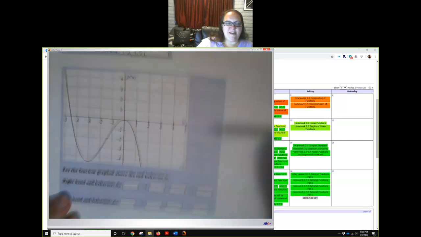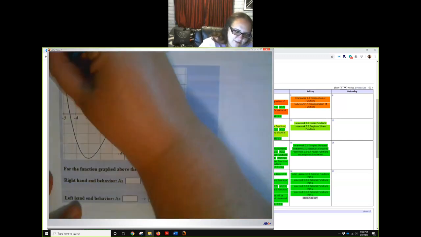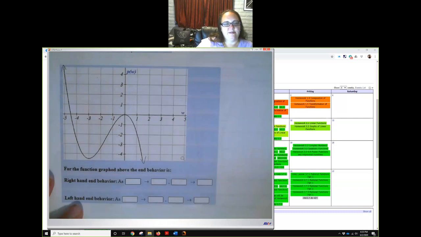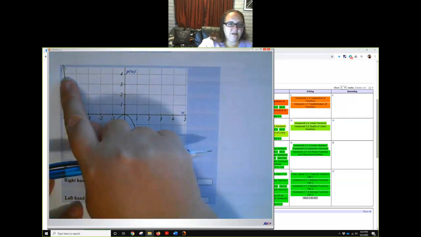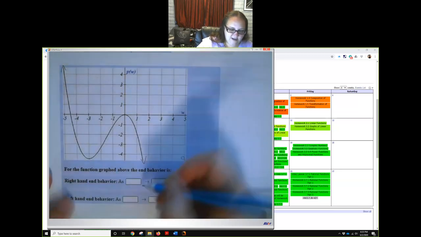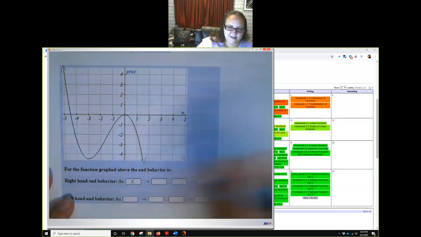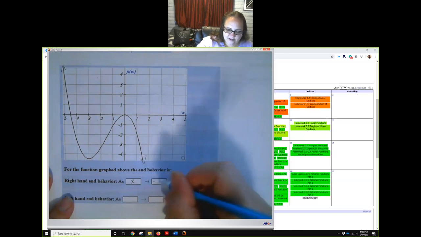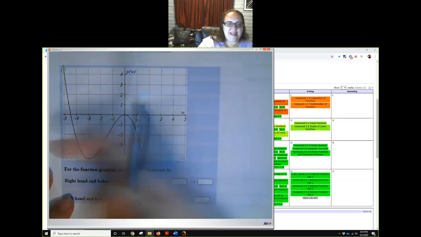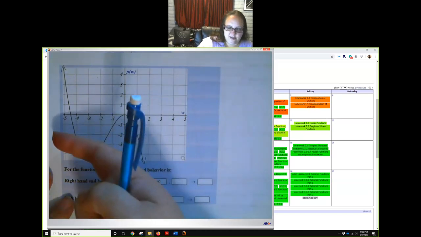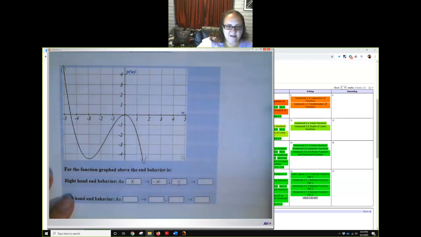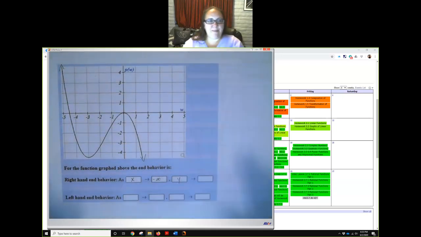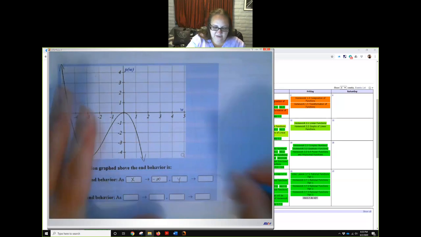And so then end behavior is the idea of we want to know what's happening on the ends. So here, on the left side, as x goes left, that means as x goes towards negative infinity, y is going up toward positive infinity.